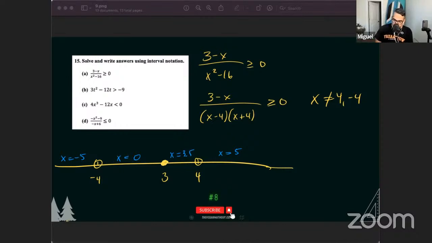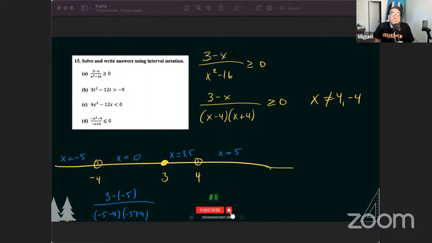So for example, when we plug in -5 to the equation, I'm just going to show you the work the first time, and then all these other times, we're just going to kind of think about it logically. So we're plugging in -5 into the equation. So it's 3 minus -5 over -5 minus 4 times -5 plus 4.